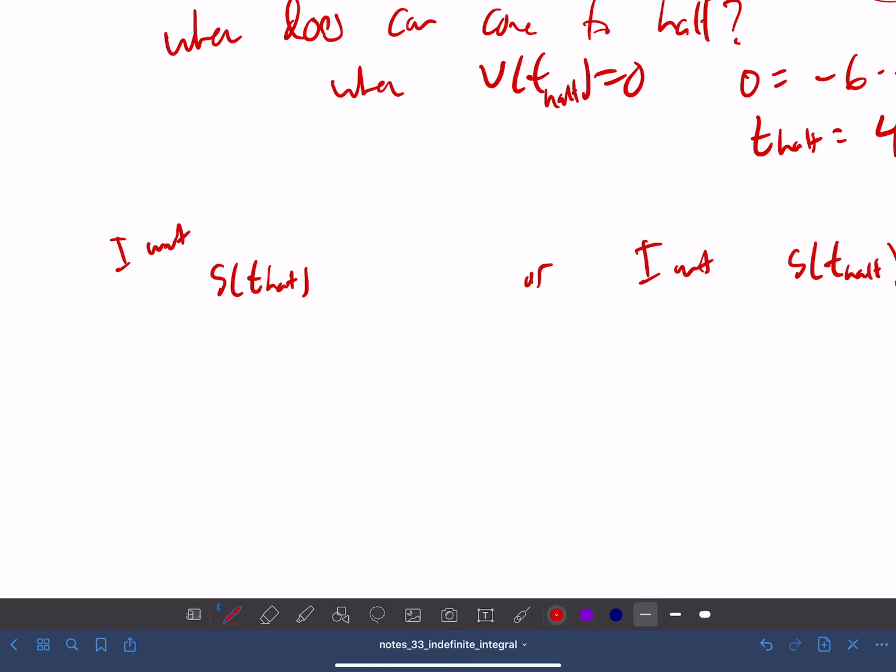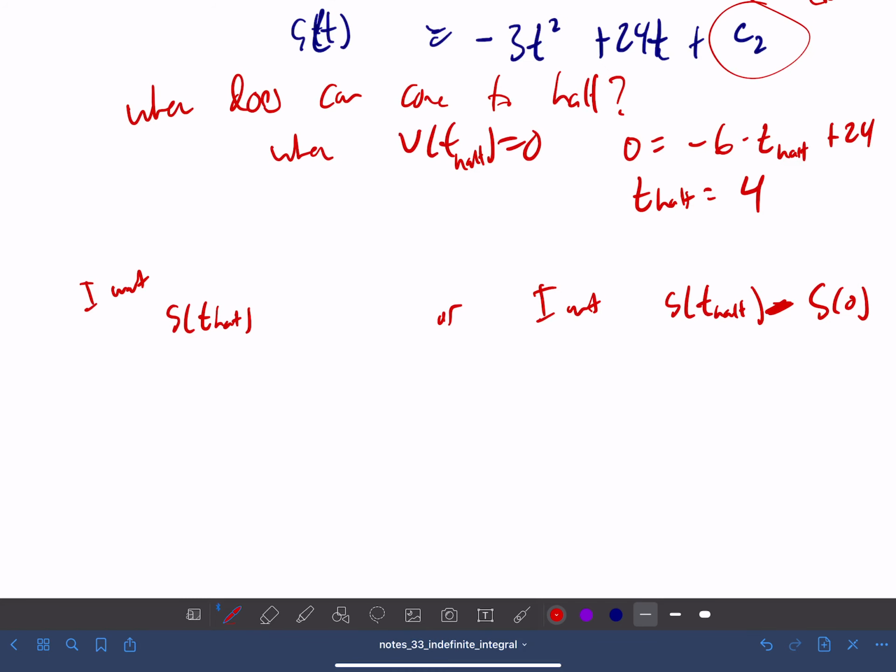Well, there's kind of a problem in that I don't know this C2 right here, right? But I think that's okay, because the value of C2 doesn't matter, in the sense that where we think the origin is is completely irrelevant.